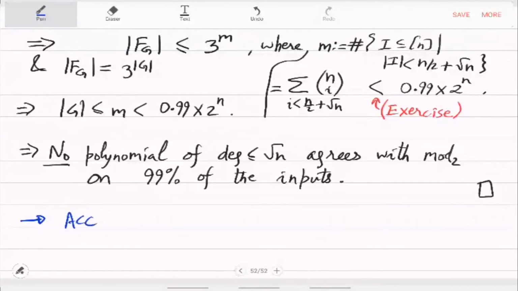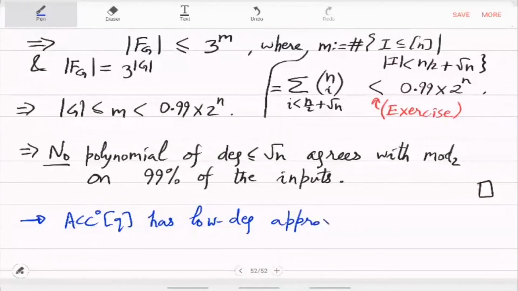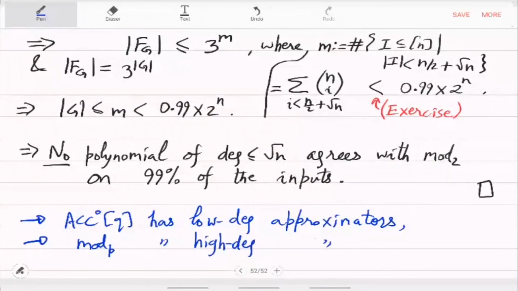So that's a contradiction. Okay, these are the two facts we have shown, with very interesting techniques, and this tells you that mod P cannot be in ACC 0 [Q] for P and Q different.